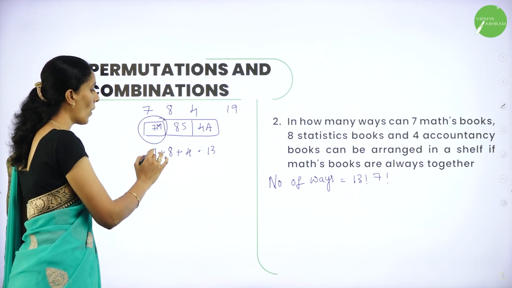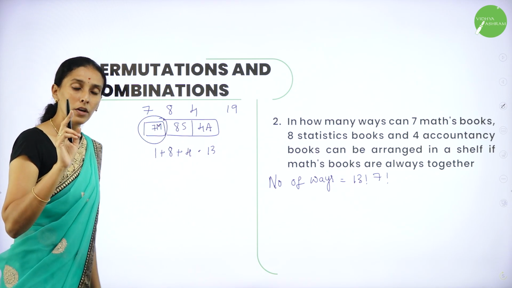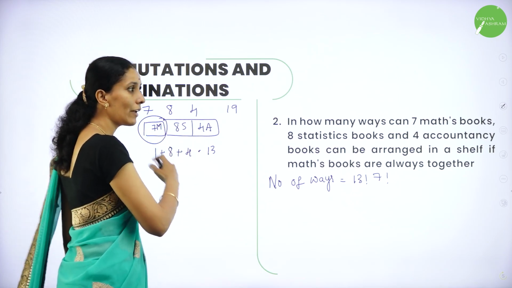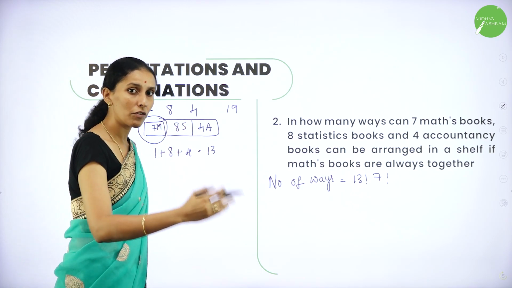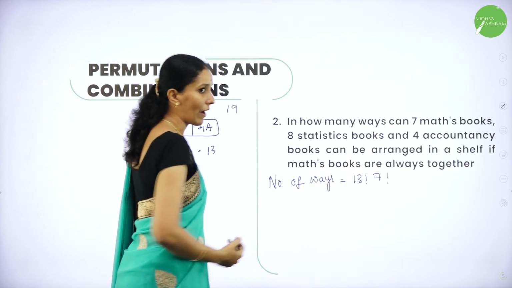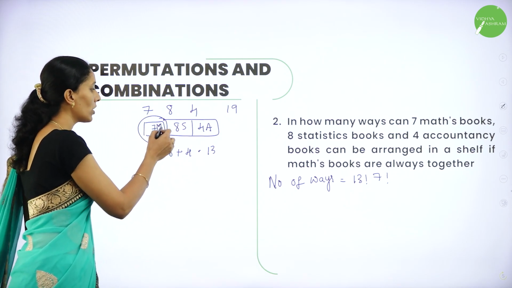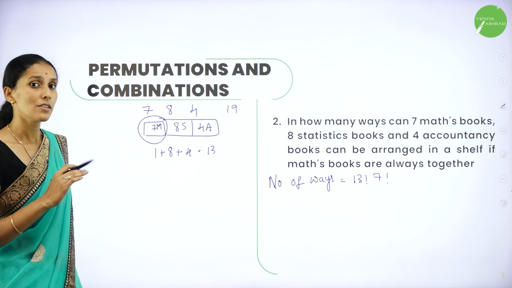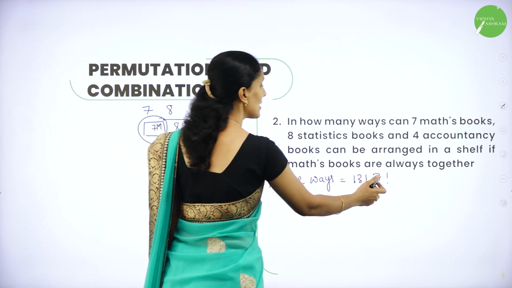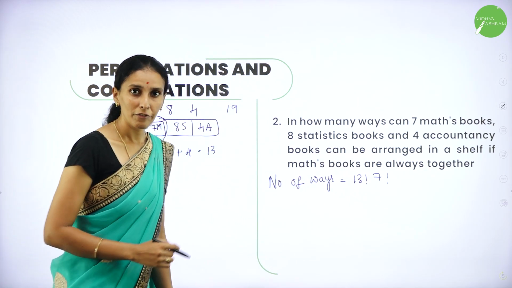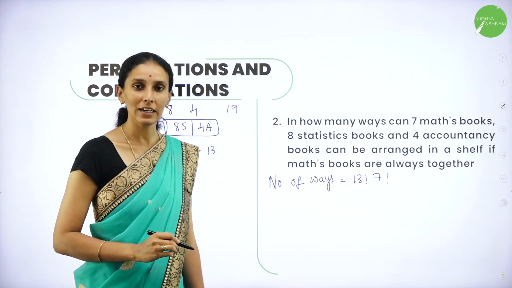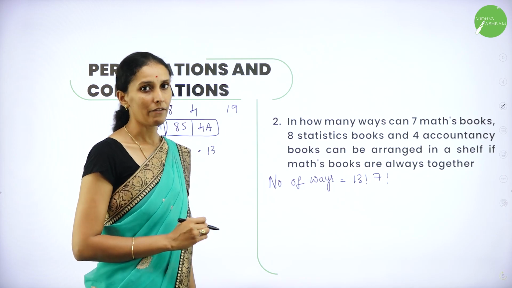So 1 plus 8 plus 4, we assume we have only 13 books, 13 different books arranged in 13 places, nothing but 13 factorial. Whereas in the 1 unit we again have 7 maths books, which can be arranged in 7 factorial ways. Therefore my total number of ways is 13 factorial into 7 factorial.